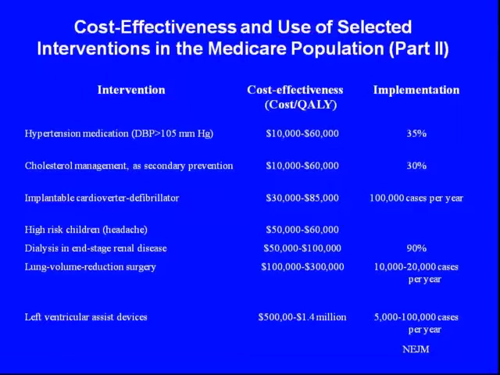And then we move into other interventions such as the use of hypertensive medication, and then high-risk children with headaches, 50 to 60,000. And then you can see some other interventions that are not very cost-effective, such as left ventricular-assisted devices. The costs go significantly higher for the quality-adjusted life years.